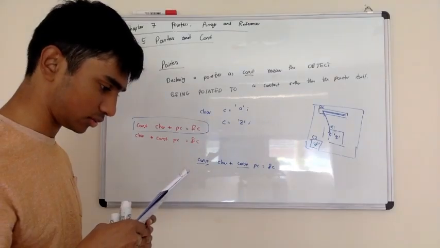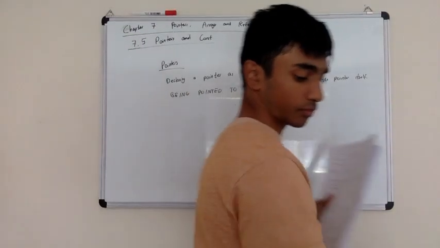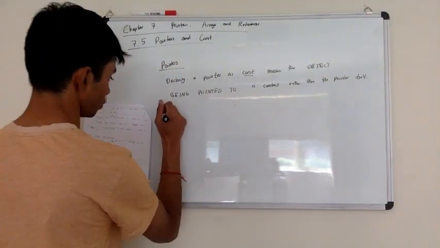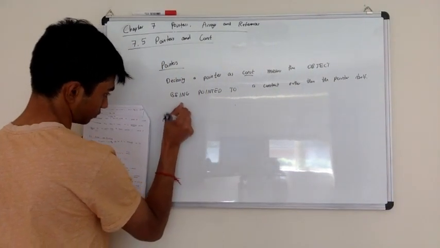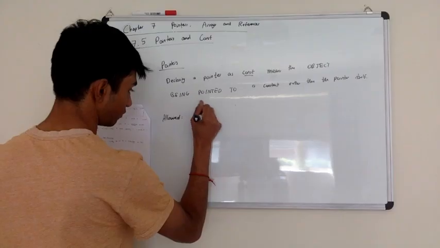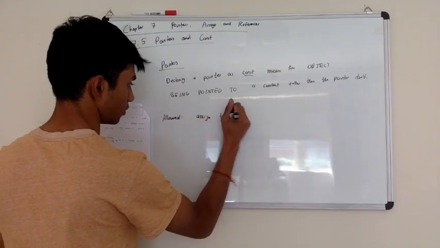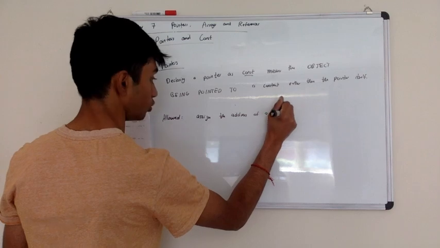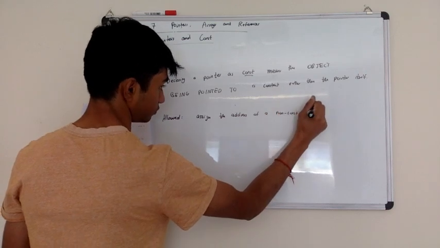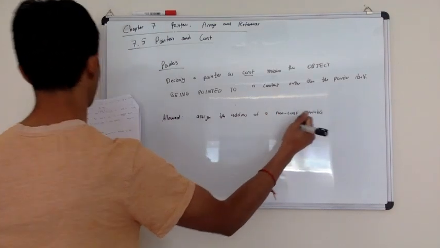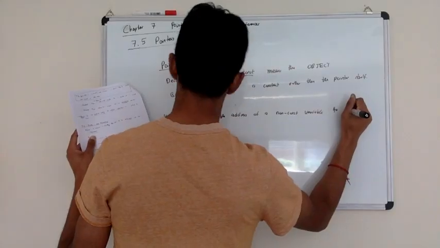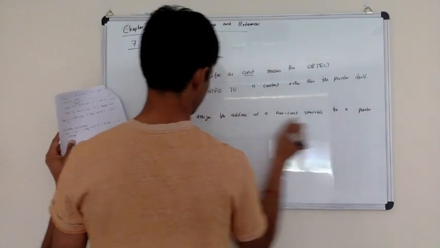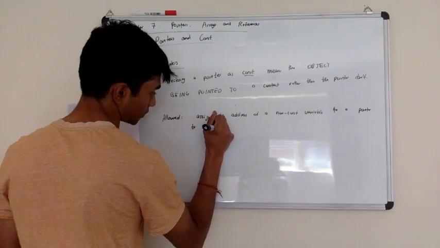For an object that is constant, there's one action that is allowed and one action that is forbidden. So what is allowed? You can assign the address of a non-const variable, like that char C from before, to a pointer to a constant.